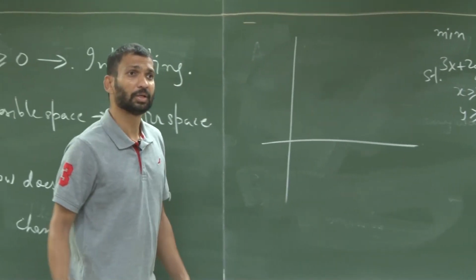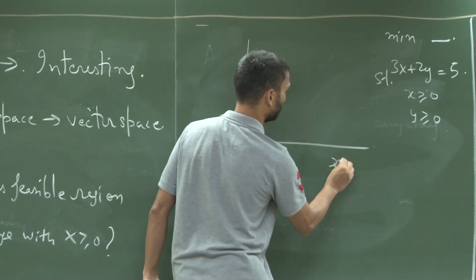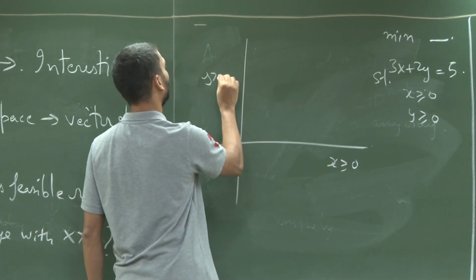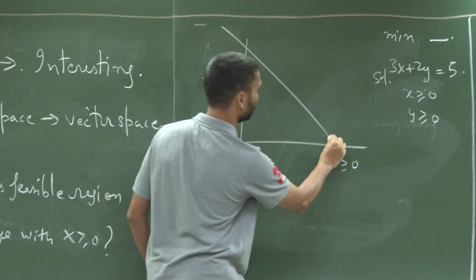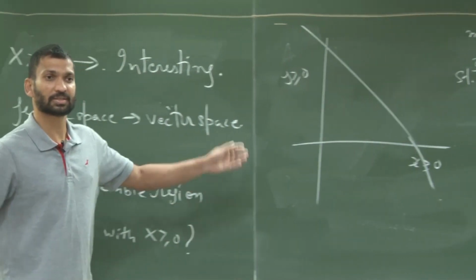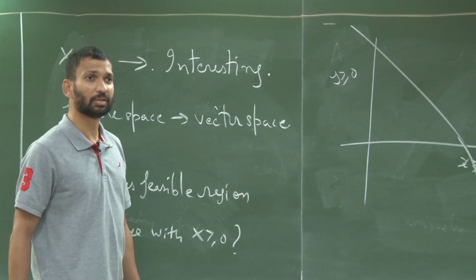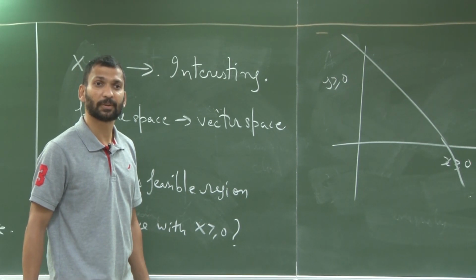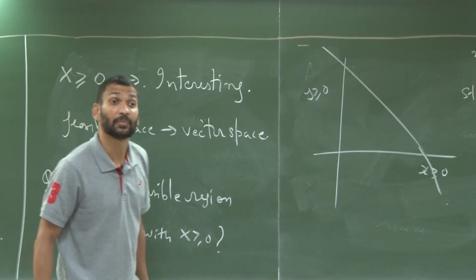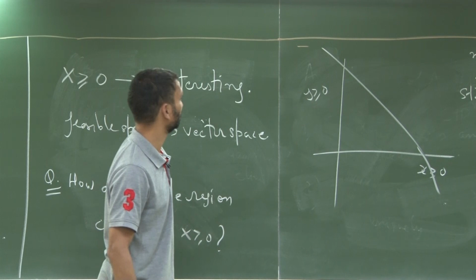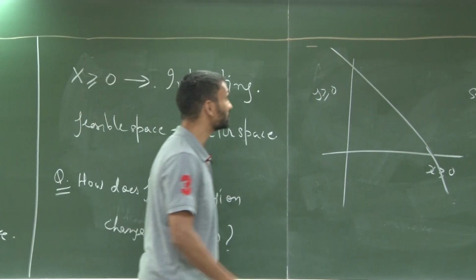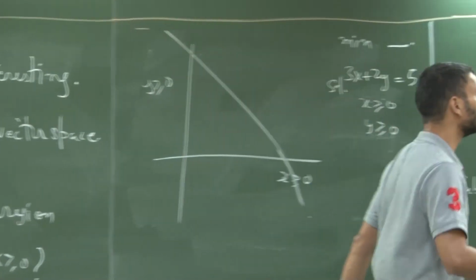If this is the case, and there is some line like this, what is my feasible region? Just the line segment, right?